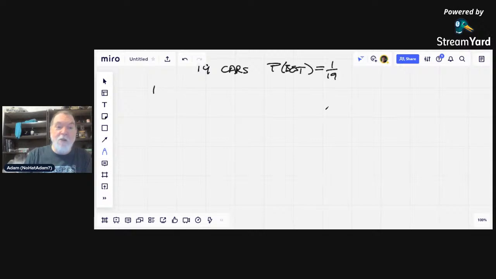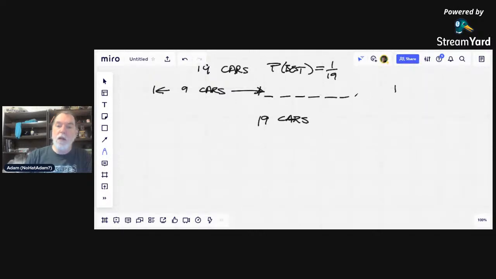So we've got 19 cars. I'm just going to do cars because it doesn't sound quite as cold. We are going to sample some of them. Let's say we're going to sample 9 cars, and all we're going to do is look at them, and we've got a checklist, so we can decide among those which ones we like the best. And then among the next 10 cars, we will choose the first car that is better than any of the previous ones.